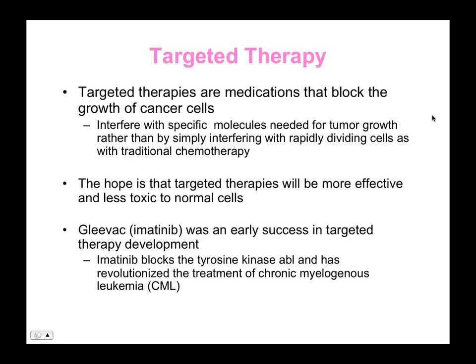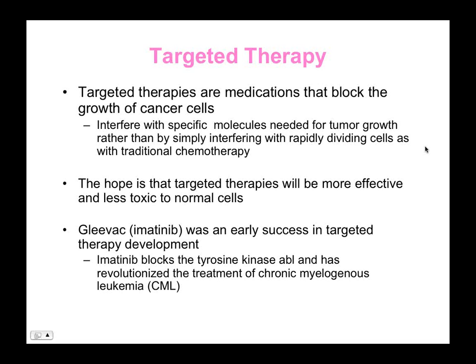So they're trying to target some molecular underpinning in that cancer specifically, rather than just targeting it non-specifically with chemotherapy. And the hope has really been that with targeted therapy development, our treatments are going to be more effective and hopefully safer and less toxic to our normal cells.